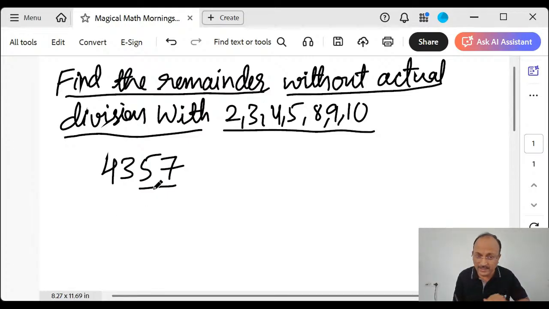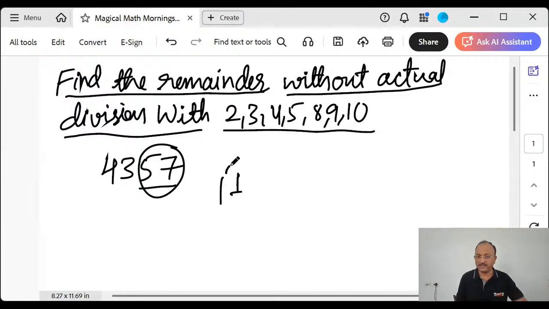So to find the remainder when you divide by 4, you are going to divide only the last two digits. 14 4s are 56. What is the remainder? 1. 1 is the remainder. That's it. Means the remainder by 4, you will get the same whether you divide the entire number or you divide only the last two digits.